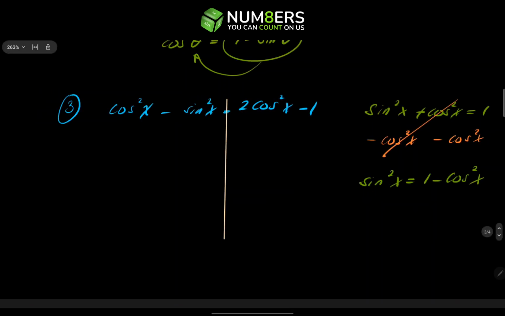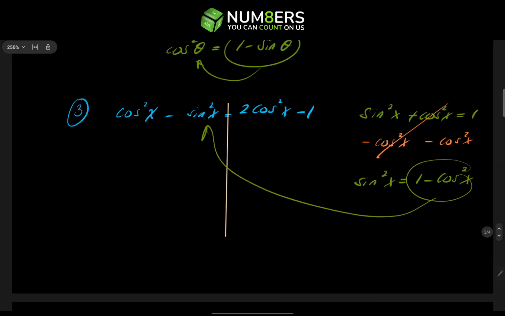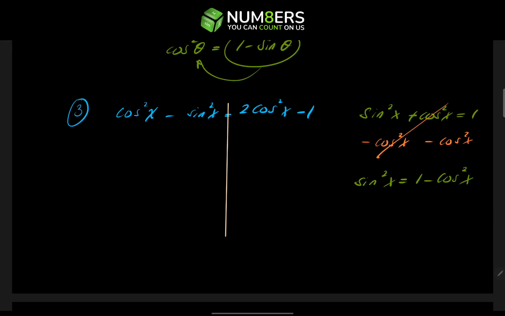And here we're going to substitute 1 minus cosine squared in for sine squared x here. So we end up with cosine squared x minus sine squared, which is now 1 minus cosine squared x. Make sure that you put the parentheses because the negative will distribute in and change the signs inside. And that's equal to 2 cosine squared x minus 1.